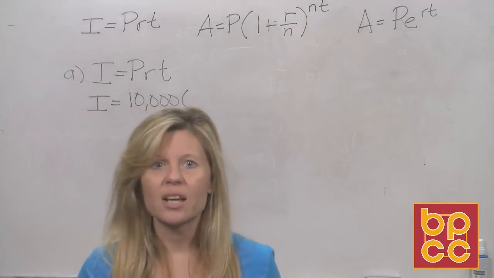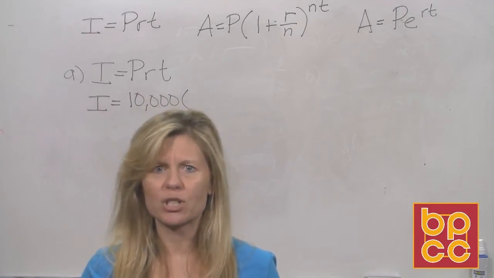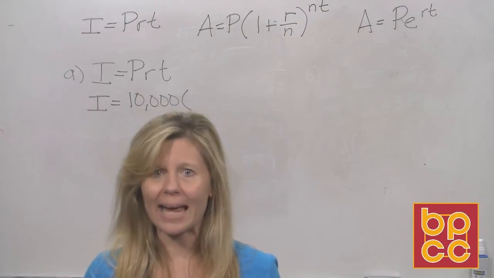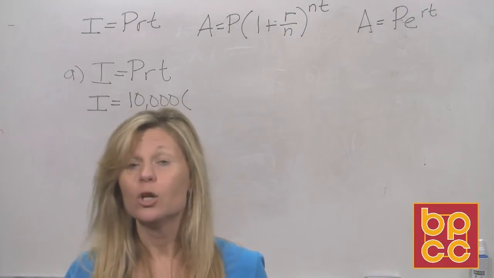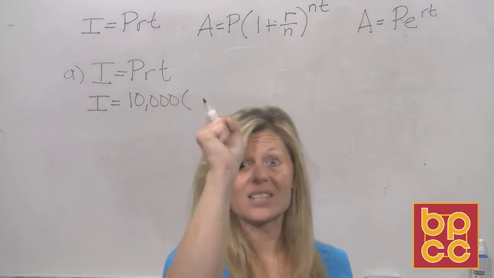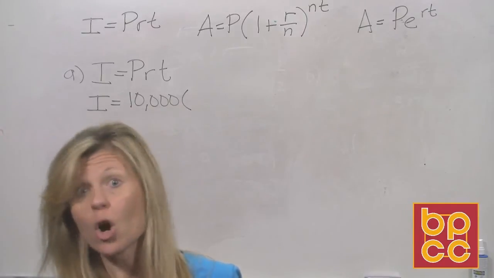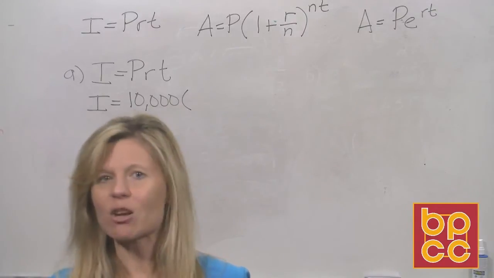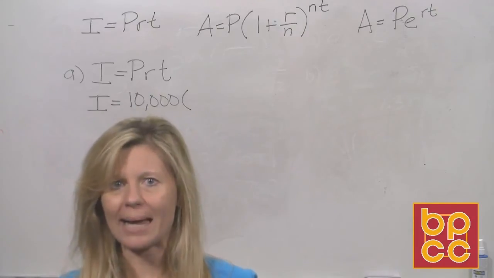Think about this. If I said the tax is 8%, that's a whole number 8. How do you change that to a decimal? You move the point 2 places to the left. So if you look at your Walmart or Kroger's or whatever receipt, and they say there's 8% sales tax, that's written as decimal point 08.